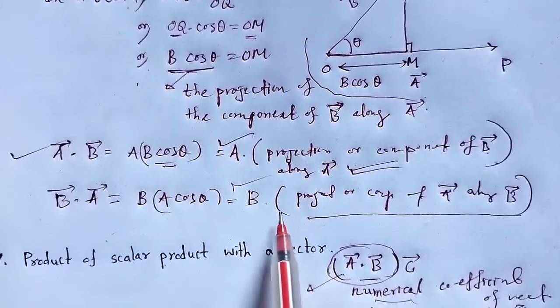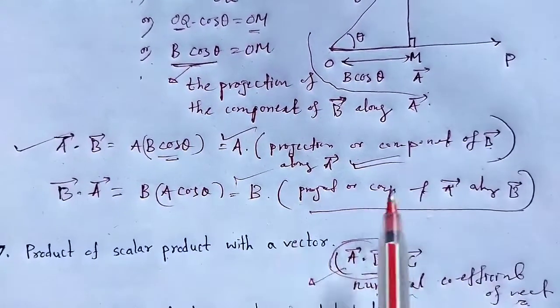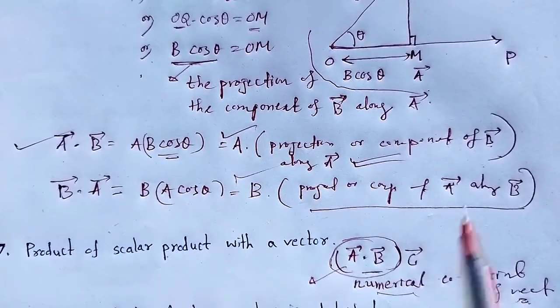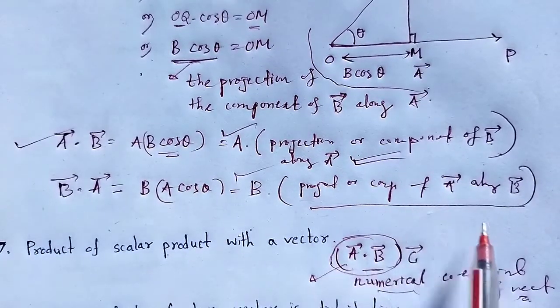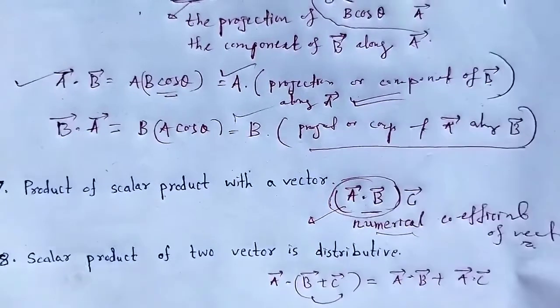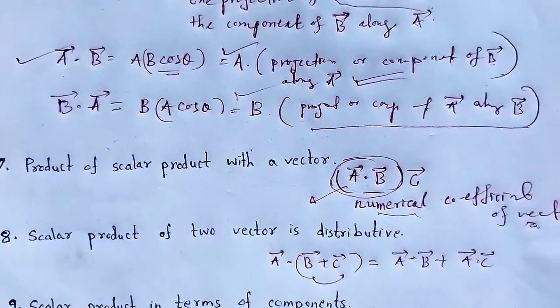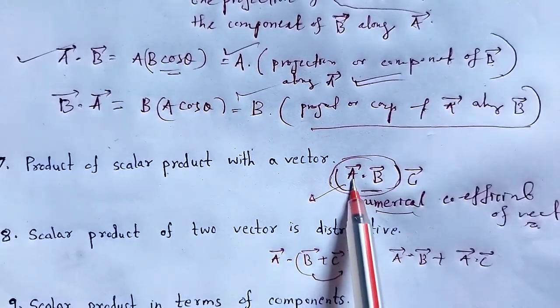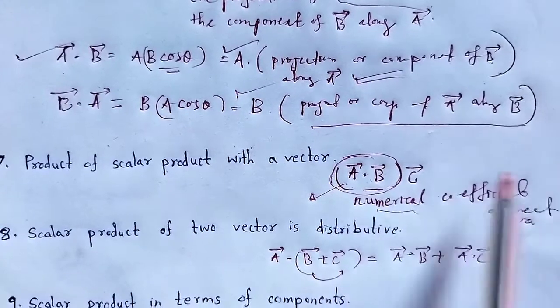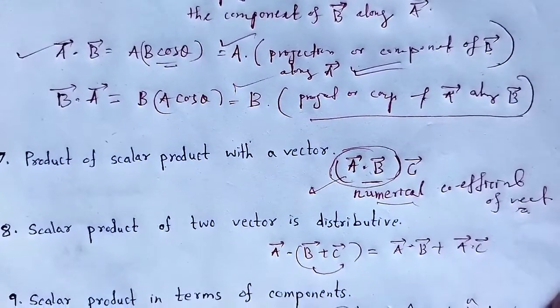A dot B is equal to A into the projection of B vector along A vector, and B dot A is similarly B into the projection of A vector along B vector. And the product of scalar product with a vector: when a scalar product is multiplied with a vector, it is treated as the numerical coefficient of the vector.